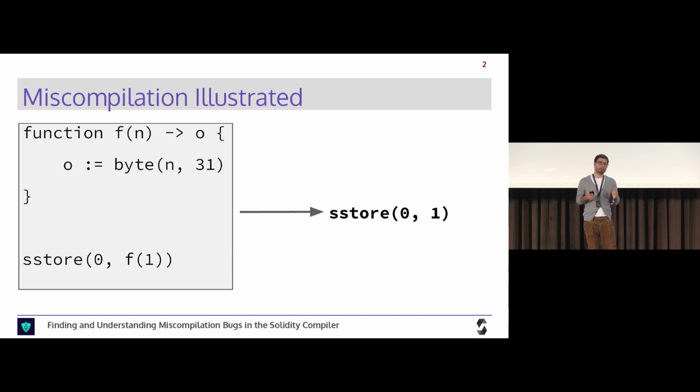But instead of targeting the 31st most significant byte of constant values, it targeted the nth most significant byte of constant value 31. So essentially, it targeted the wrong input argument of the byte opcode. And this led to wrong code being generated silently for input programs such as this, which is quite dangerous.